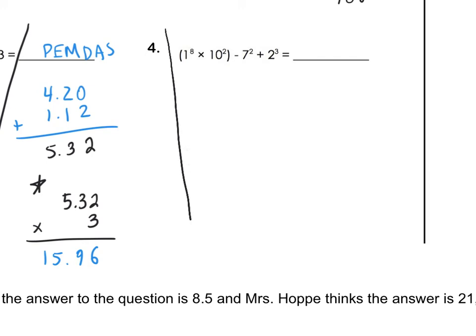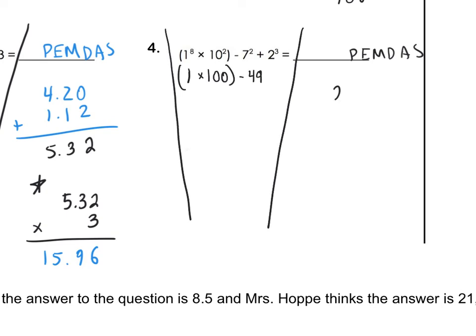Let's go on and check the next one. Draw my bracket. Okay, so I'm going to follow my PEMDAS. Now I have a lot of exponents on this one. 1 to the 8th power is still 1, and 10 to the 2nd is 100. And 7 to the 2nd is 49. 2 to the 3rd power, make sure you wrote it out.